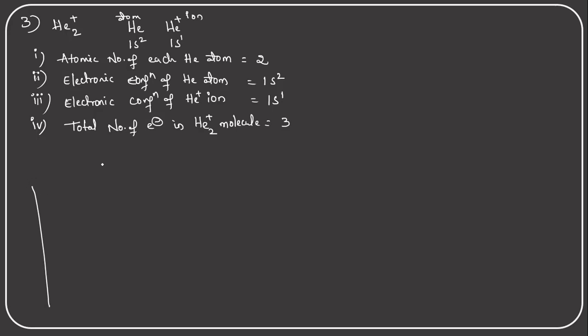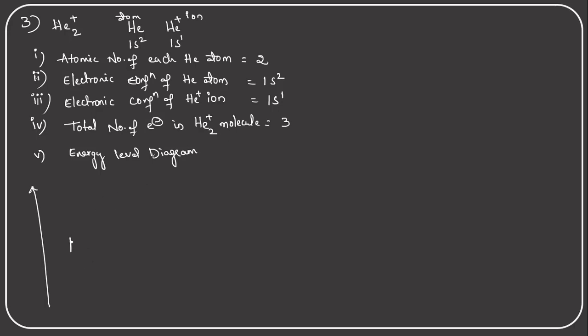So, the energy profile diagram, this is the fifth point, the energy level diagram for helium 2 plus ion.